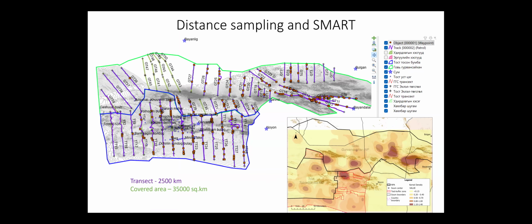This slide shows another example where we used the SMART program to conduct lowland ungulate field surveys across two different national protected areas using a distance sampling method.